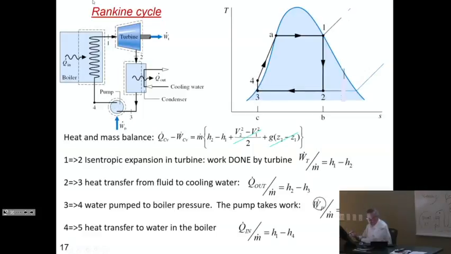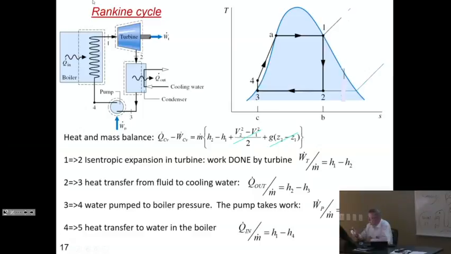What amount of work? W dot over M dot is H4 minus H3. And then we have heat transfer from 4 back to 1, and that is actually heat in. So the heat in serves to change the enthalpy from 4 to 1.